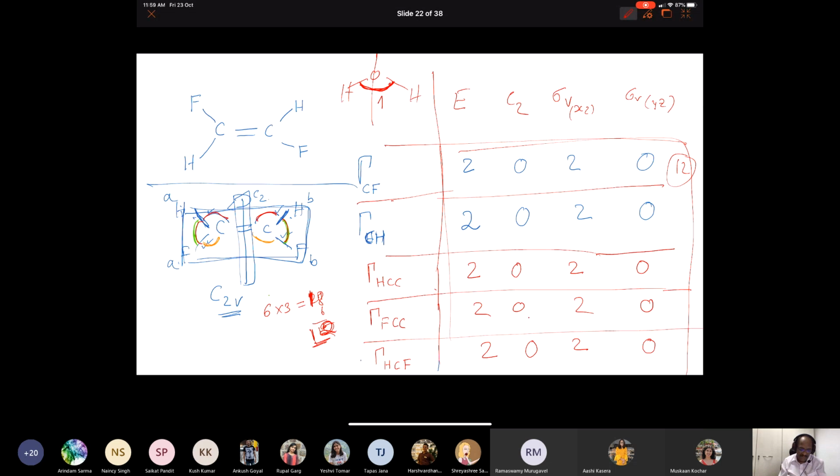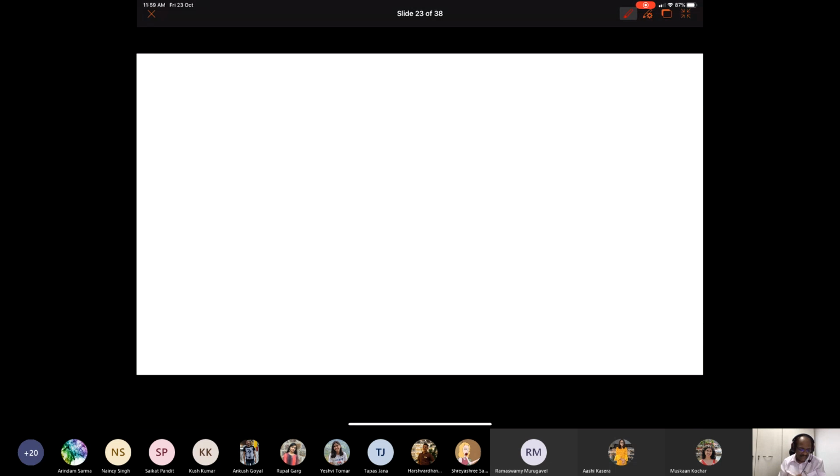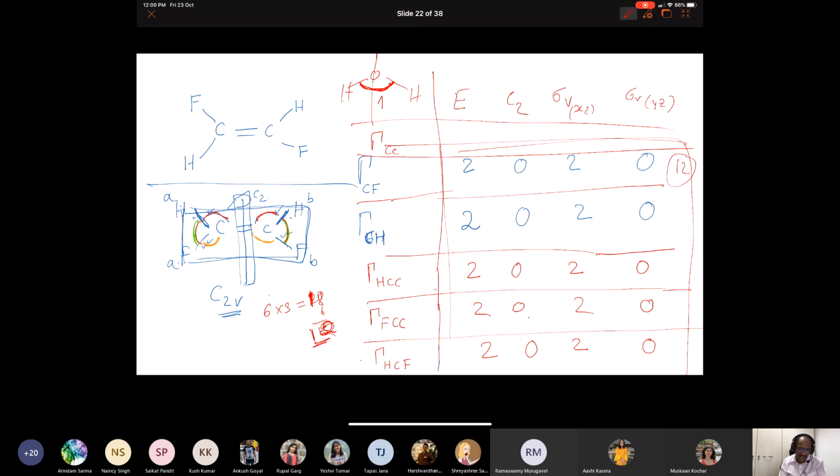Of course, you can see C-C, then you should also do a tau CC. Of course, please do it. This is what I told you in the case of nickel carbonyl also. In nickel carbonyl, we have the nickel-C bond, then the C double bond O, then you have this angle, and you have this. All of these put together give 12 vibrational modes.